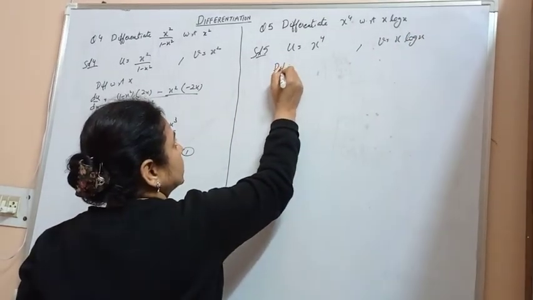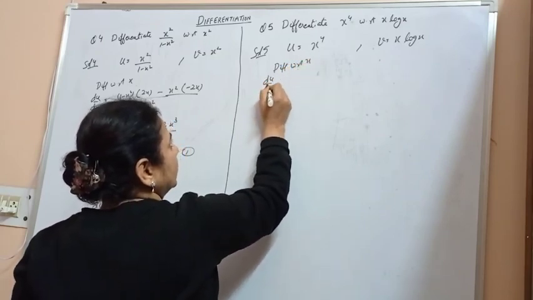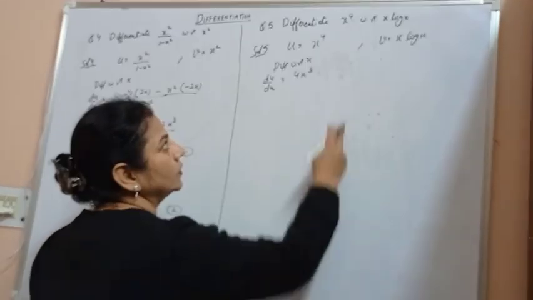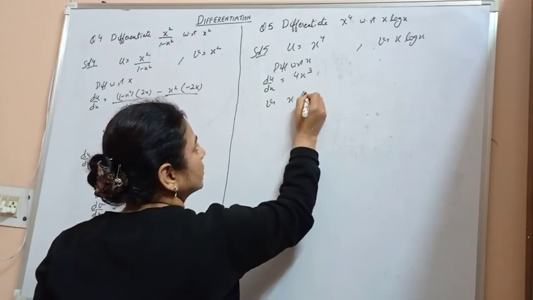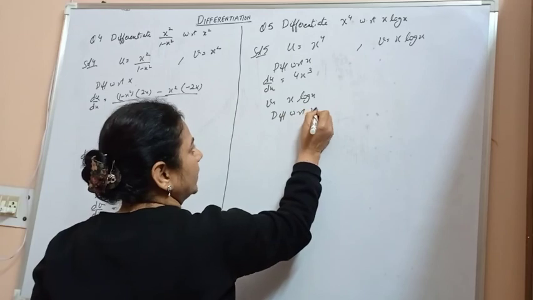Differentiating with respect to x, du by dx is equal to 4x cube. That's it. For the function v, I have x log x, differentiate with respect to x.